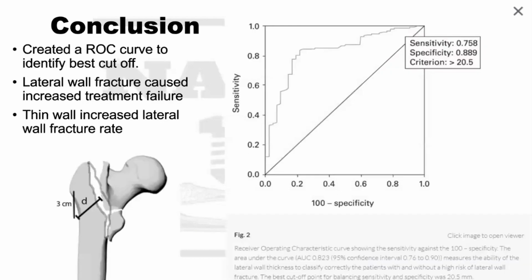So what they did is they did a receiver operating characteristic curve, which showed that the optimal cutoff was at 20.5 millimeters in order to have an area under the curve of 0.82. And so that's what's led to this 20.5 millimeter cutoff. This is based on a study that they did.